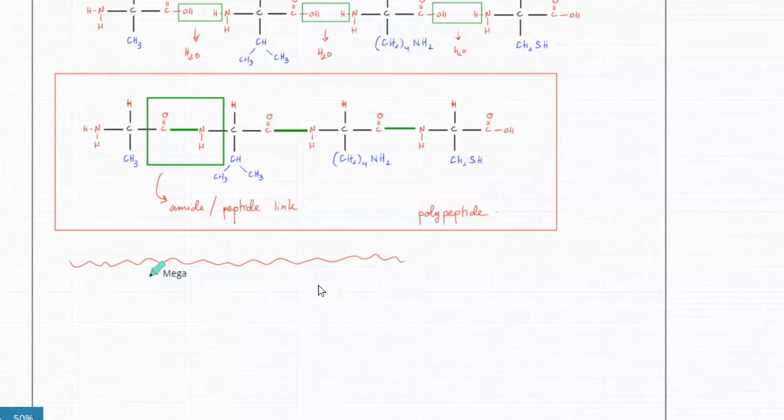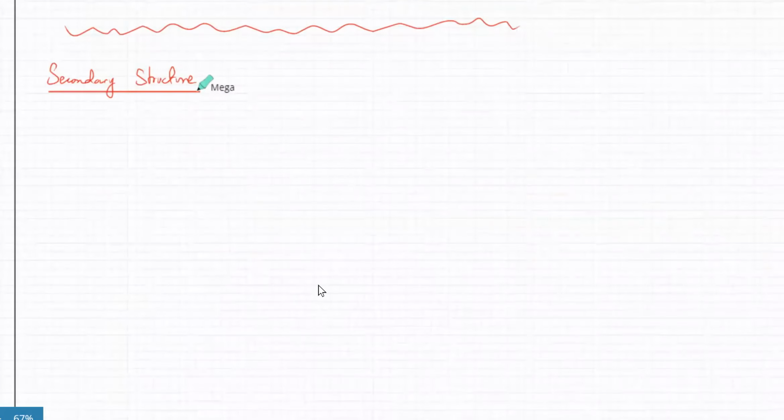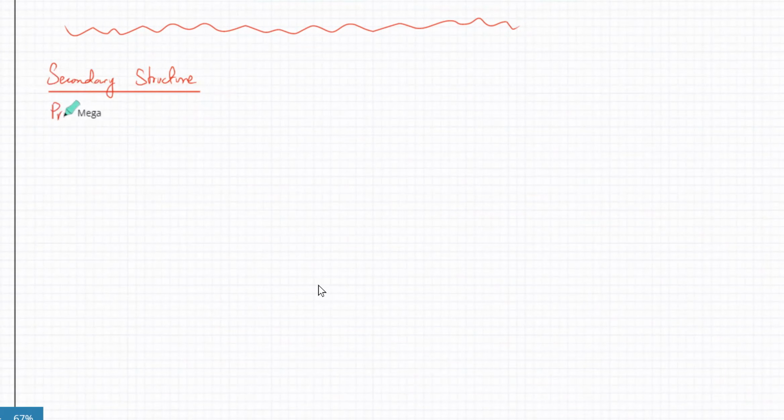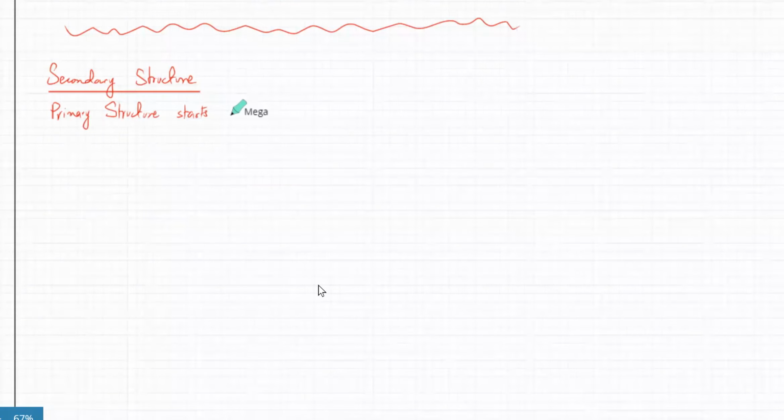That's known as the secondary structure, that the primary structure starts to coil up.